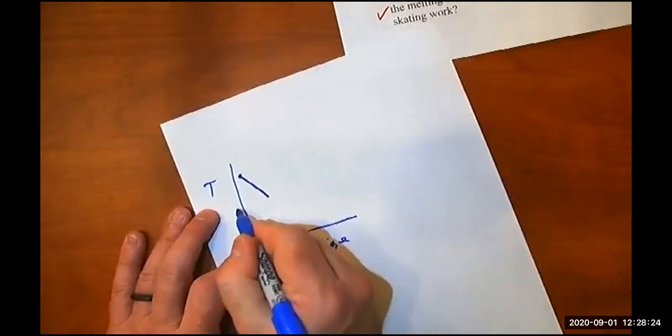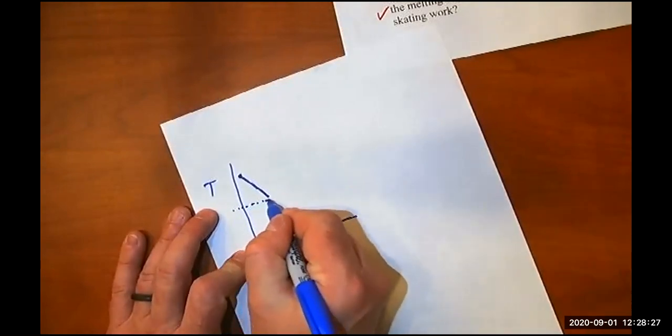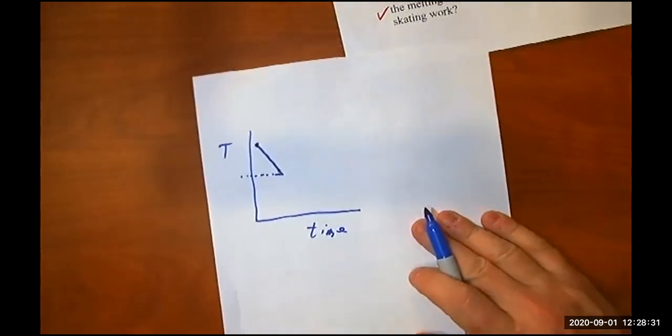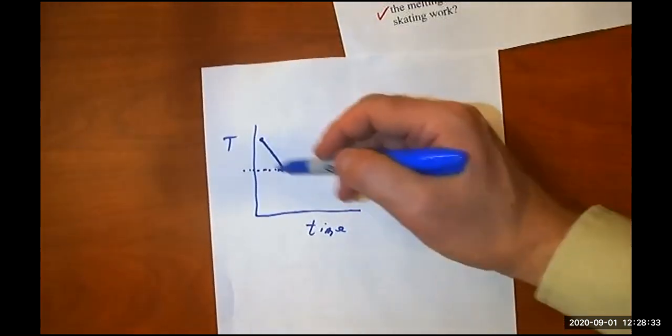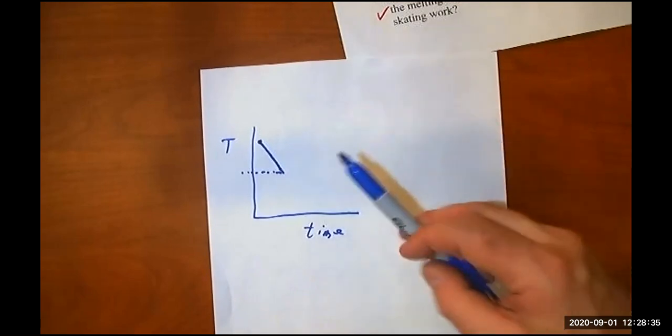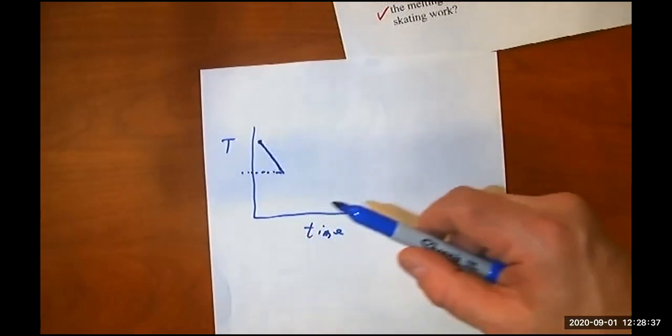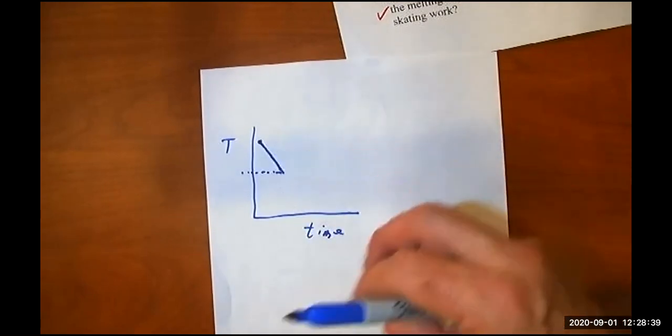Okay, so if this here is the freezing point, the temperature at which it freezes, we cool at roughly a straight line down here. Now, what determines the slope of this curve to that point?